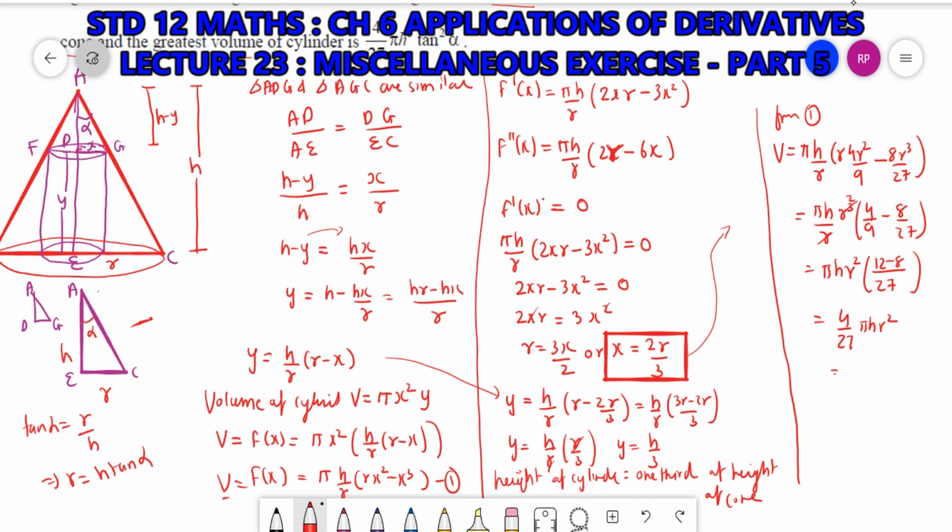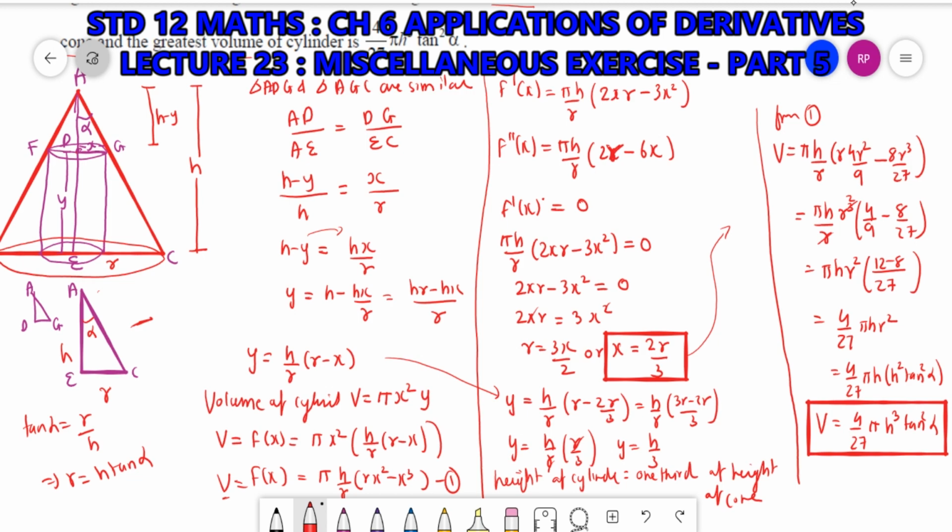So instead of R square, H square tan square alpha: volume V is equal to 4 by 27 pi h into h square tan square alpha, so 4 by 27 pi h cube tan square alpha. Hence we have proved that the maximum volume is 4 by 27 pi h cube tan square alpha.